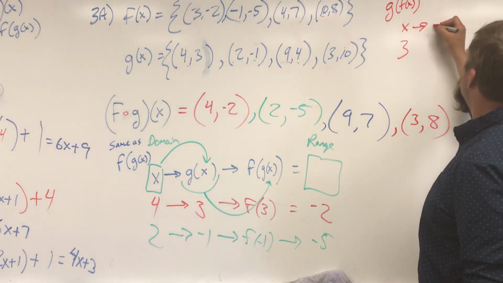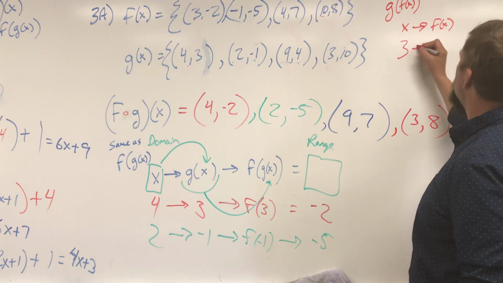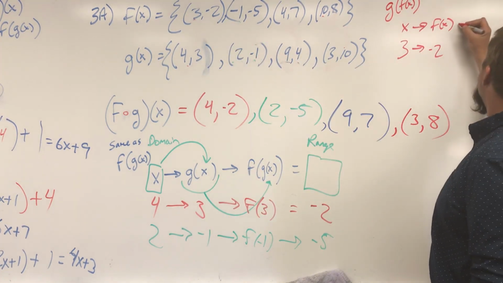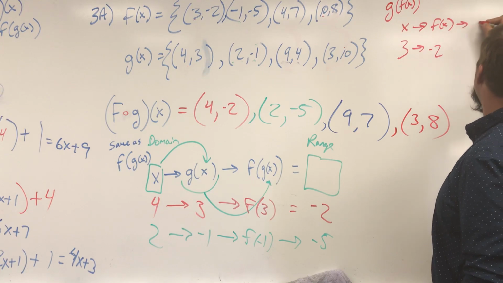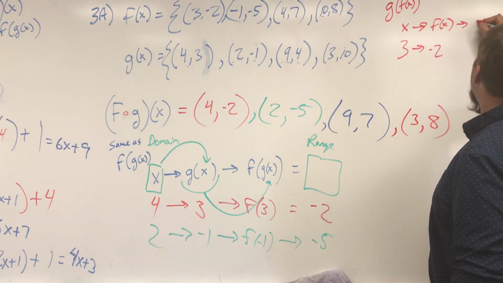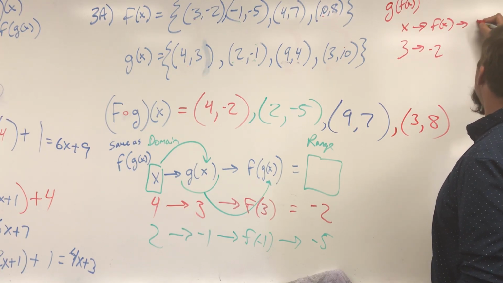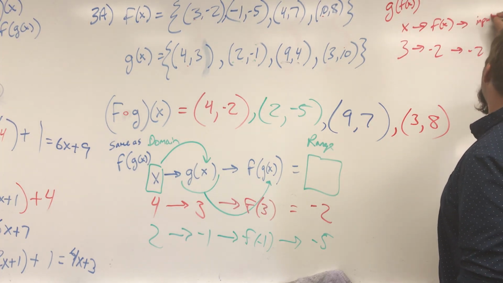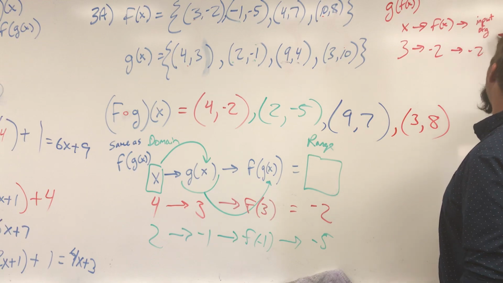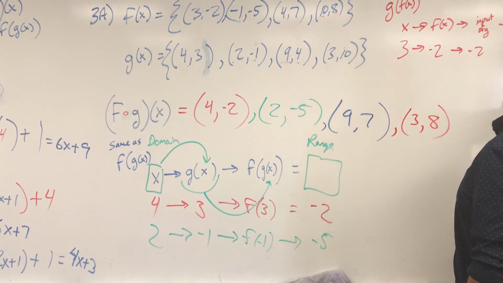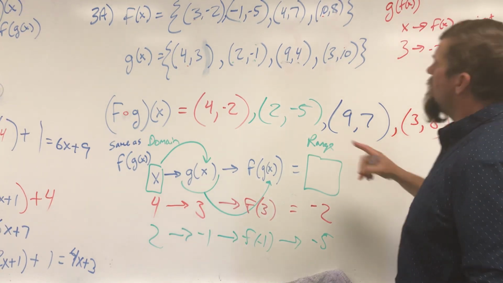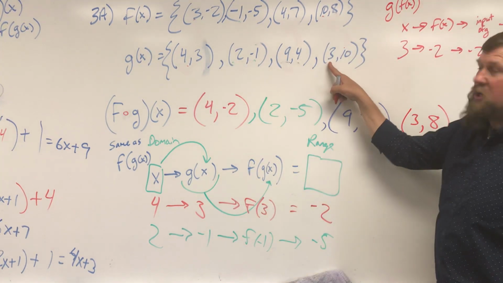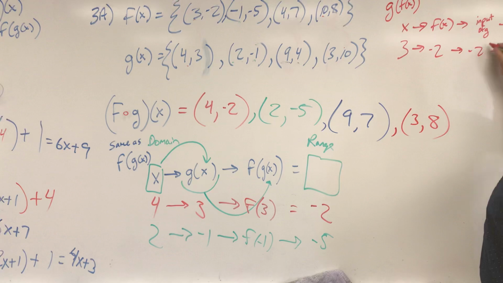It goes to f of x, which is -2. That then goes to the input of g, which is -2, which then goes to g of x. Are there any -2's in the beginning of g? There is not.